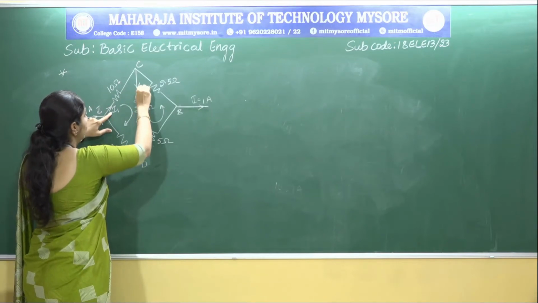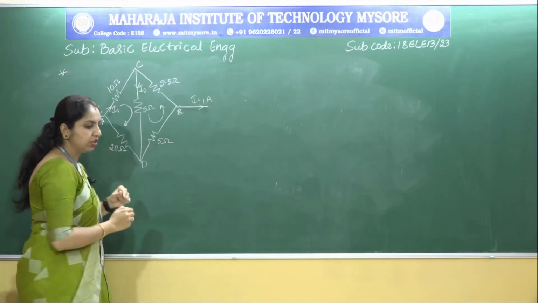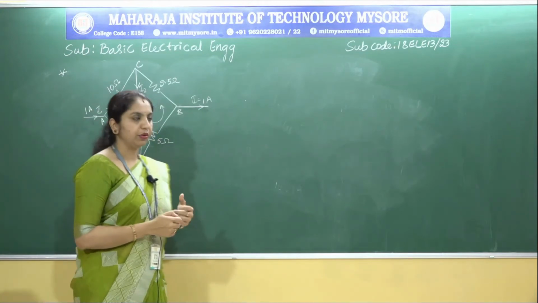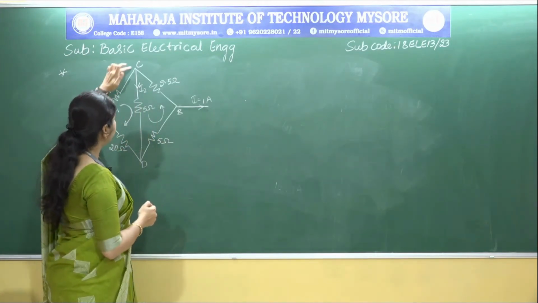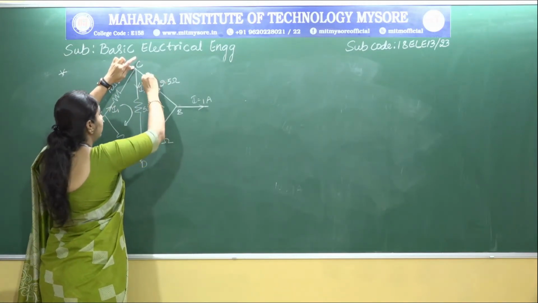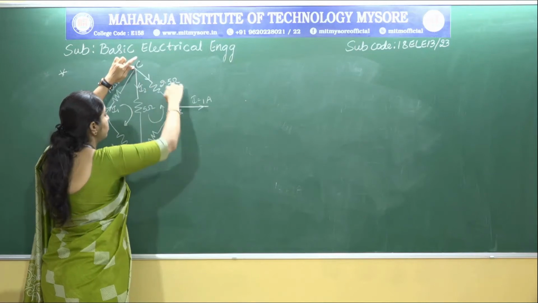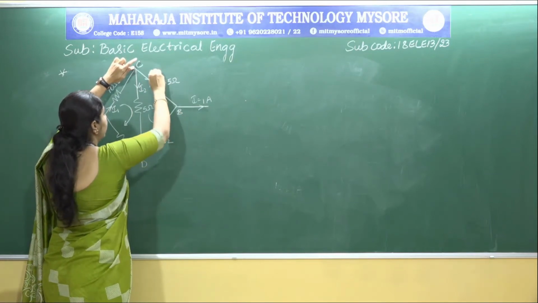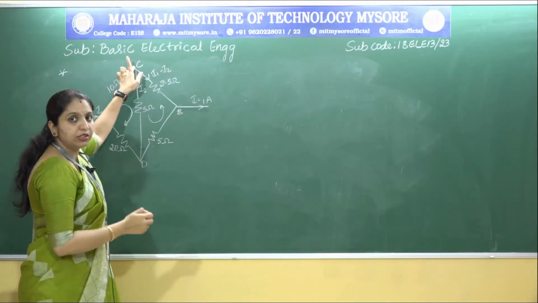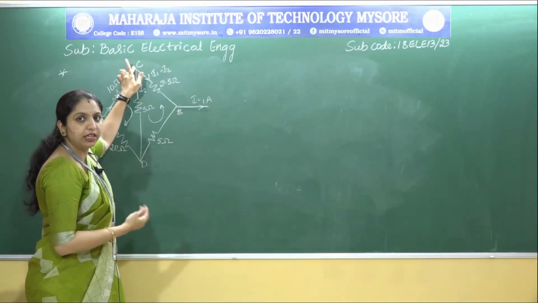Now let us call this current I2. Since we have two different loops, I have taken two different currents, I1 and I2. This current is entering this junction and this current is leaving the junction. The current passing through the 2.5 ohm resistor is I1 minus I2. We are just trying to satisfy the KCL statement.